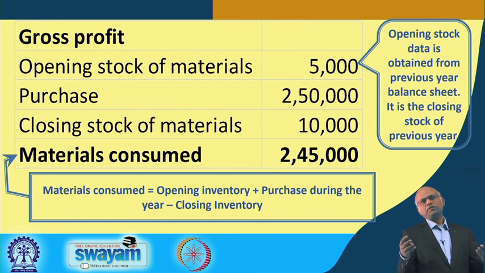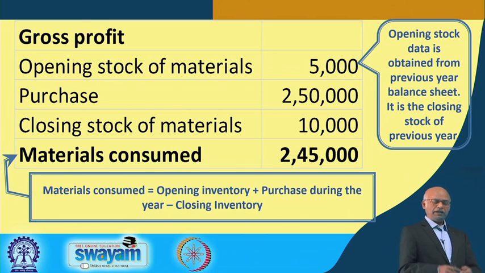In manufacturing terms they call it cost of goods sold. Whether you use the same term or a different term, it is materials consumed. It is the cost of the materials that you have sold. You have to estimate that.